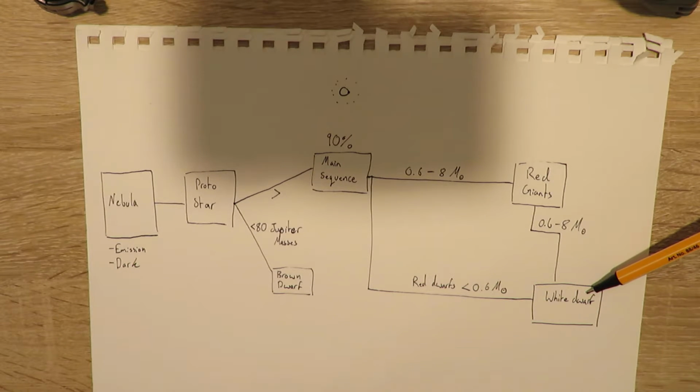And a white dwarf will glow white because stars are, and this may be surprising to some of you, hot. And at this point they are still hot, but they are no longer producing heat. So this is the difference between, say, well, I guess we'll go back to the cooking analogy.